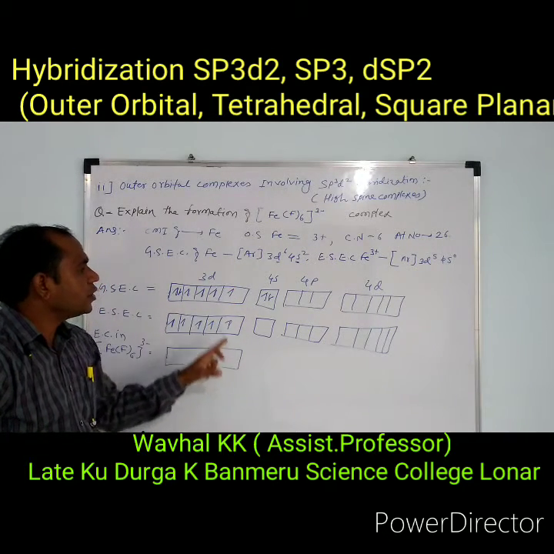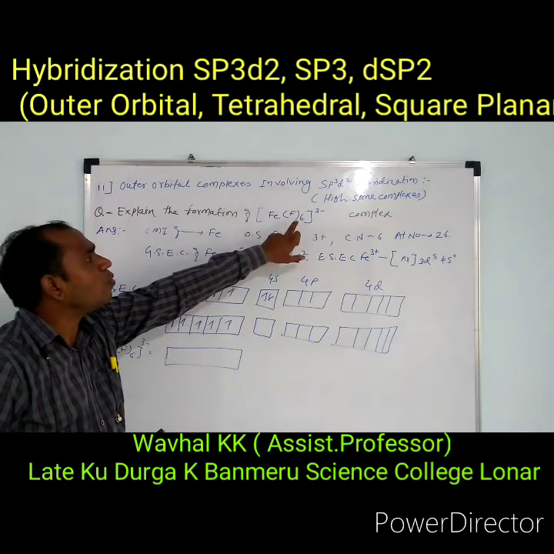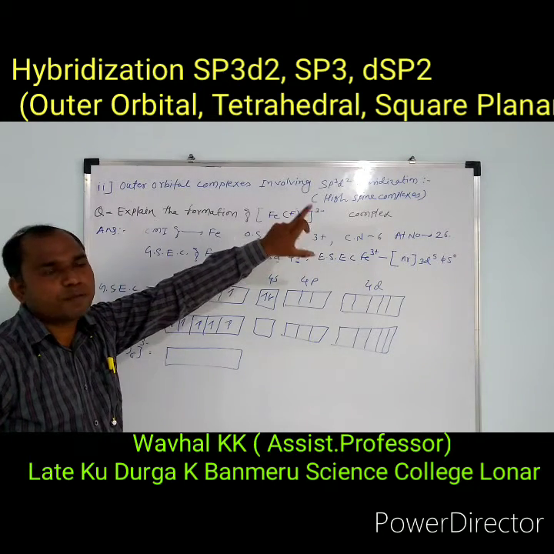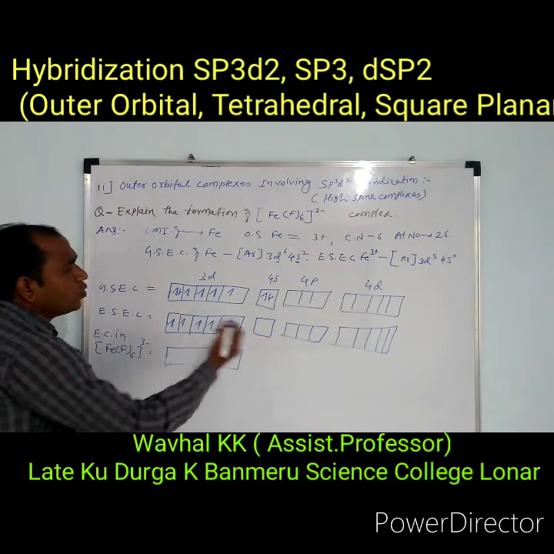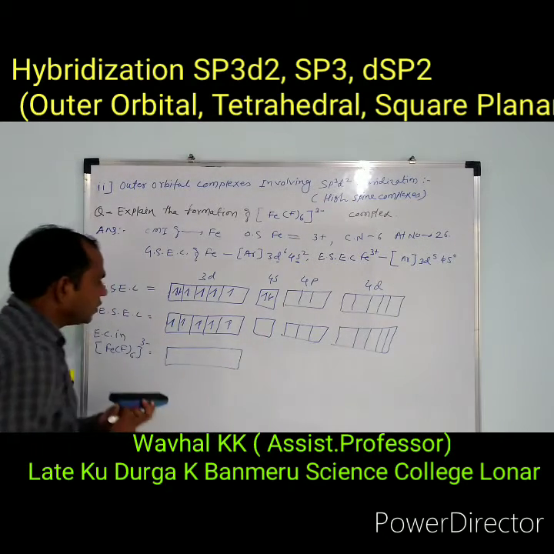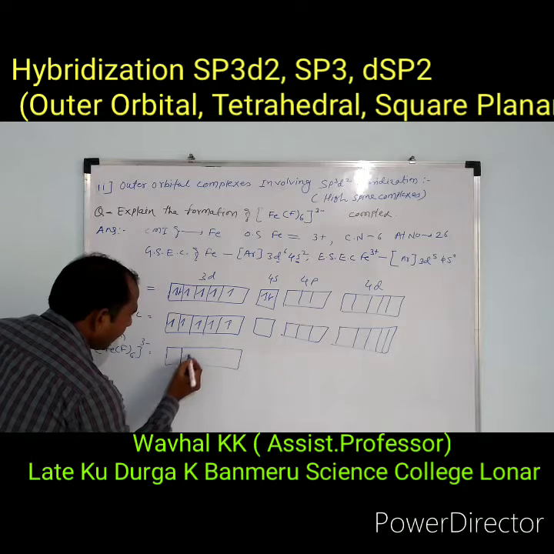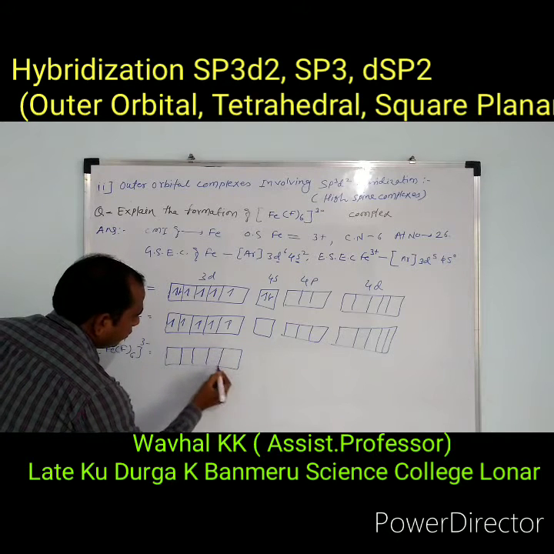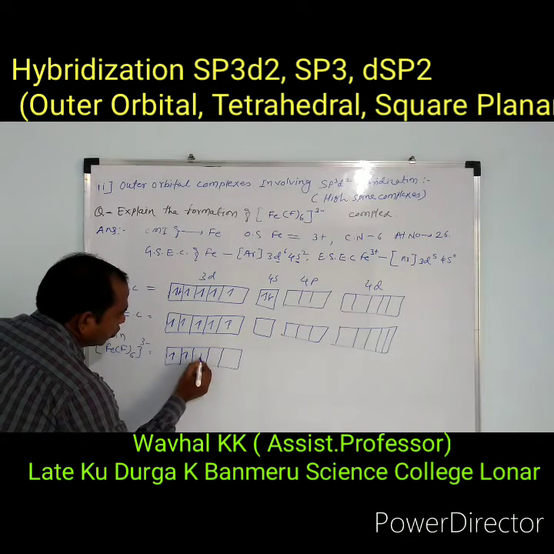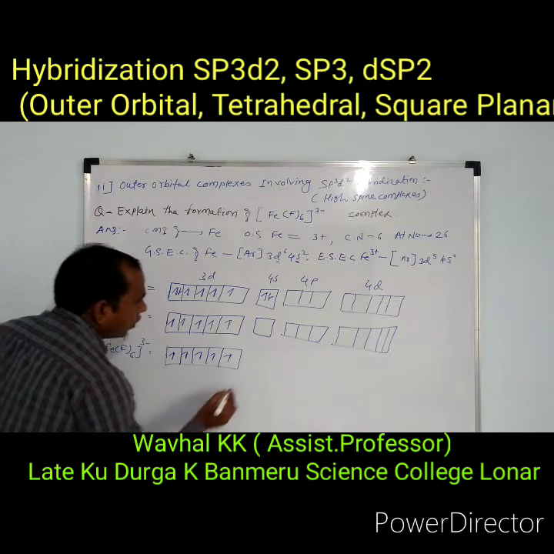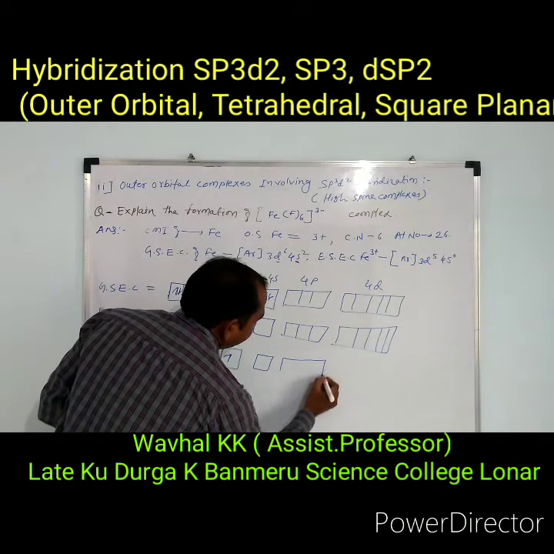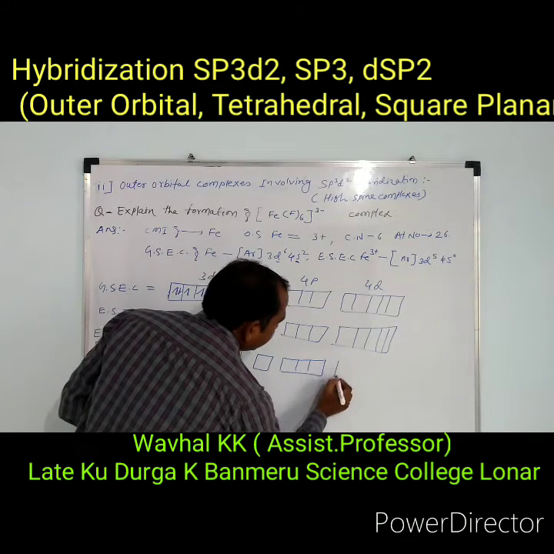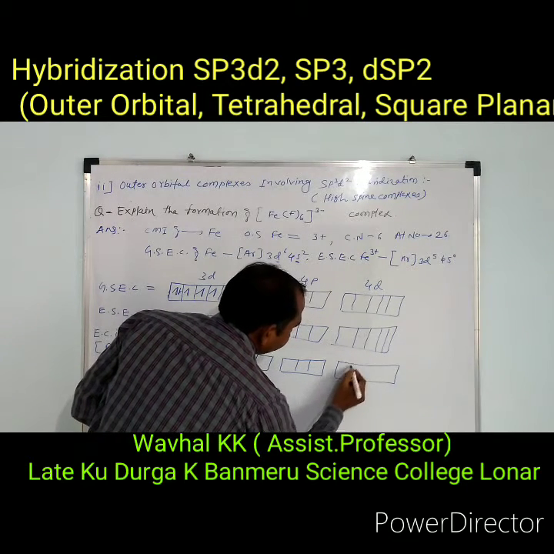For this hybridization, the electrons donated by the fluorine ligands go into the 4s and 4p. See here, 1, 2, 3, 4 and 5, then 4s, this is the 4p and this is the 4d.